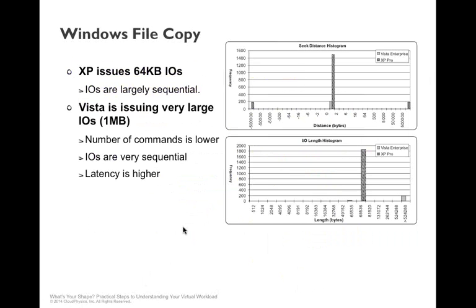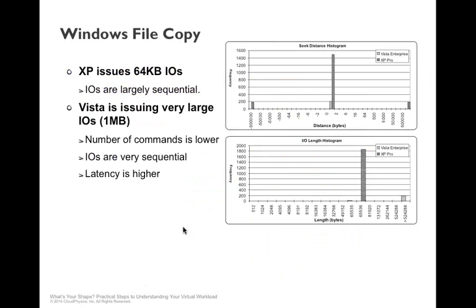And otherwise, the workloads are the exact same size files being copied in both cases. Why is it issuing so few IOs? To really understand that, we now look at the IO length histogram. And what we'll see here is that Windows XP Pro is issuing IOs around 64 kilobytes in size, and a very large number of them.